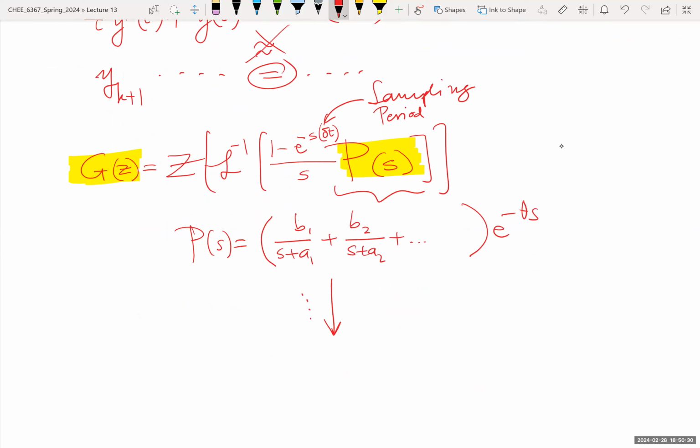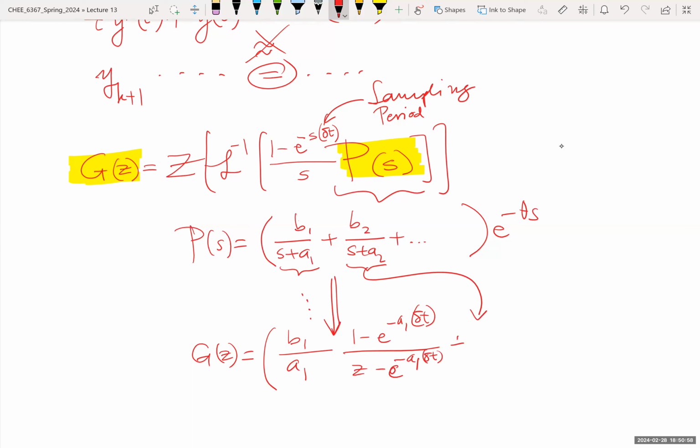This corresponds to the following G of Z. It's equal to, this part is B1 A1, 1 minus e to the minus A1 delta t, divided by Z minus e to the minus A1 delta t. And this is going to be plus the same thing with 2.